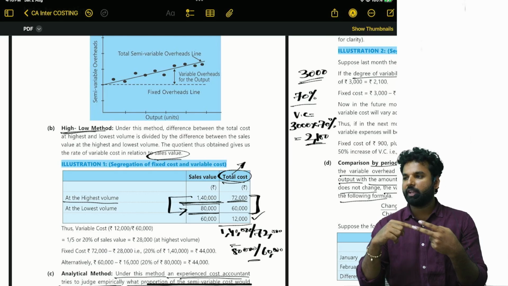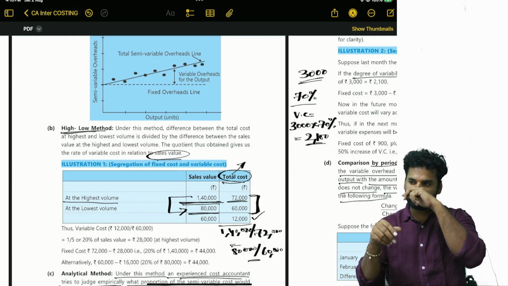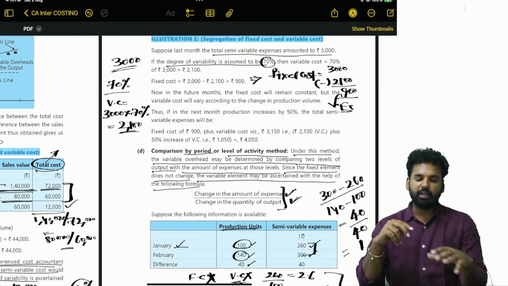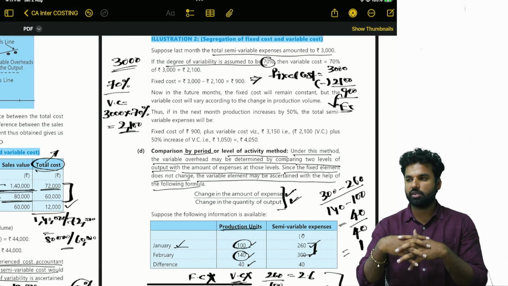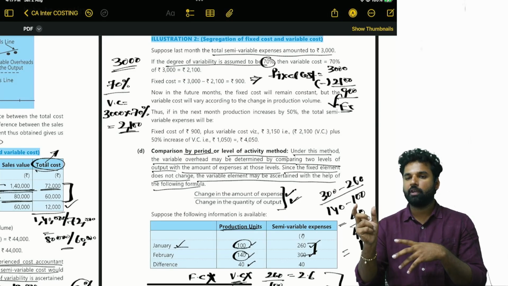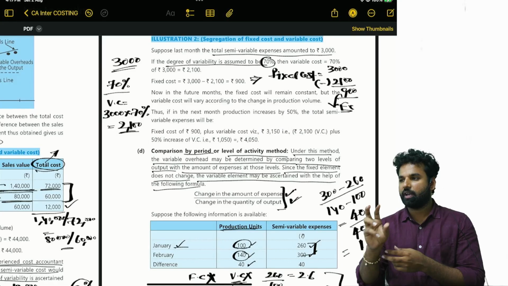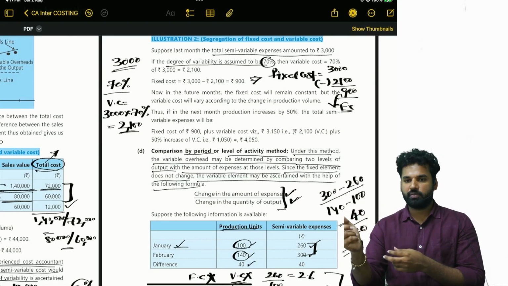It is generally given by the expert. A percentage of degree of variability will be given by the expert. Based on that, you will find the variable cost and fixed cost. That is the analytical method. The next one is comparison by period. Whenever the production level, the number of units, is given, then you will use this. There you will find variable cost per unit: change in the amount divided by change in the output, meaning change in the units produced.